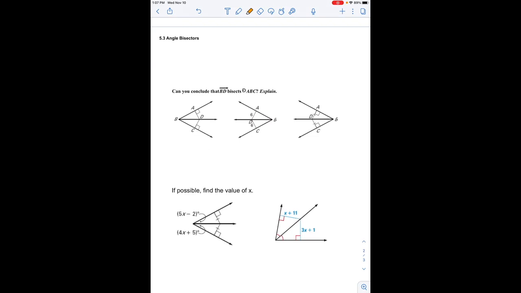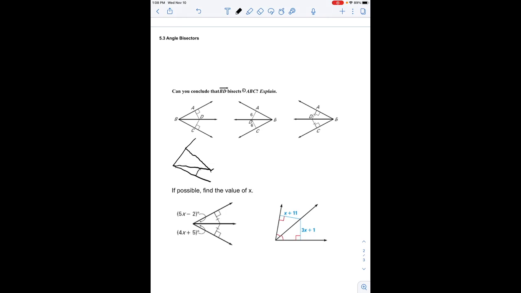Now, if we look at this first one, can you conclude that BD bisects ABC? In this case, we only have the right angle markers. We don't necessarily know what the angle is. So, again, I could have a line that goes something like this.